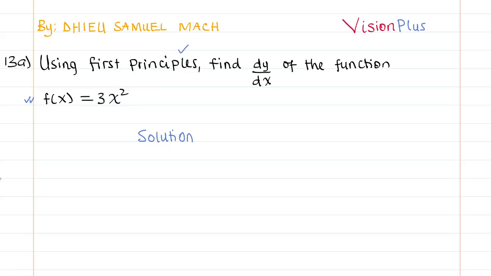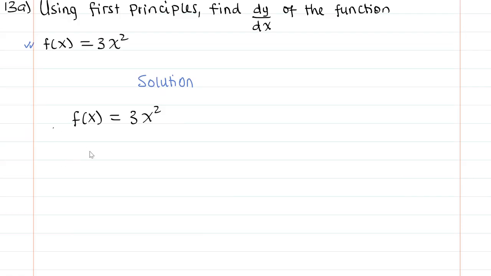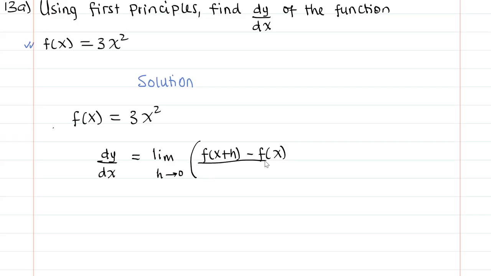So the solution is, since we are given the function f of x as 3x squared, and we need to use the method of first principles, the formula that we apply when we use first principles is the derivative dy dx of any function is given by the limit as h tends to 0 for the function f of x plus h minus the function f of x, all over h.